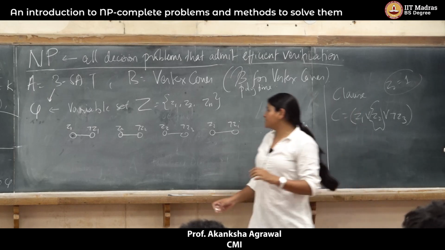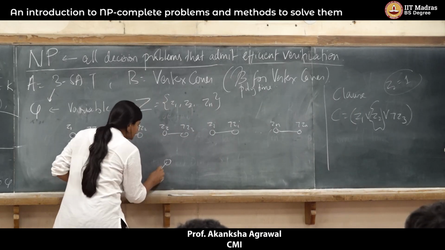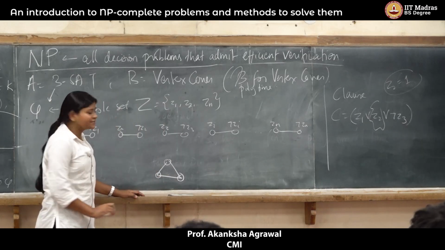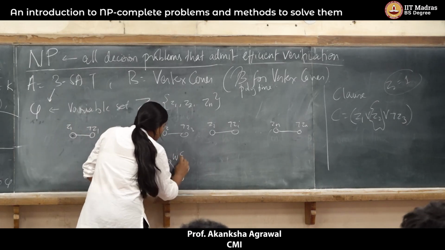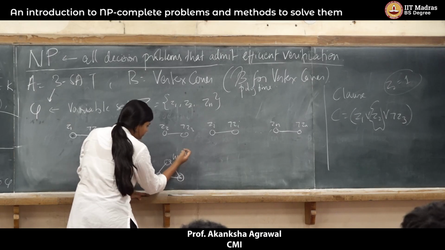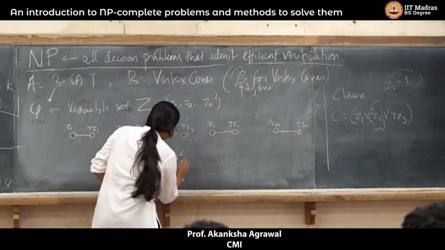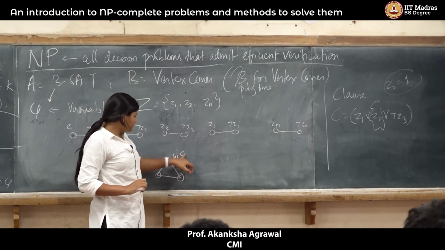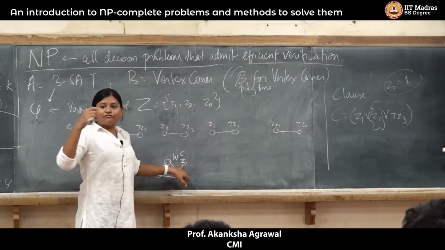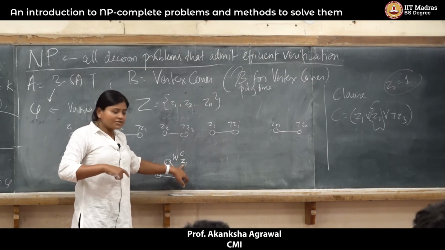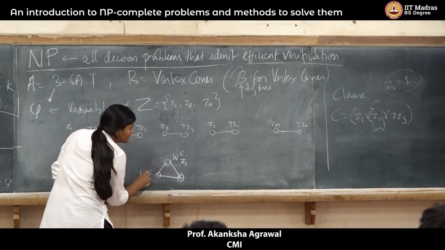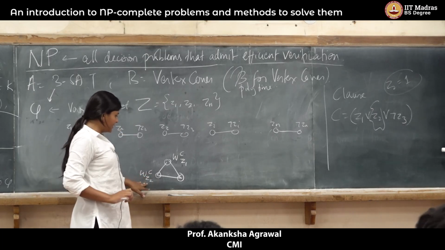For this, I will insert a triangle. Suppose this is a clause C. I create a triangle whose vertices are, let me write the exact literal itself: for the clause C and the literal z1 appearing in this clause, I insert a vertex. For the clause C and the literal z2 appearing in the clause, I create a vertex.